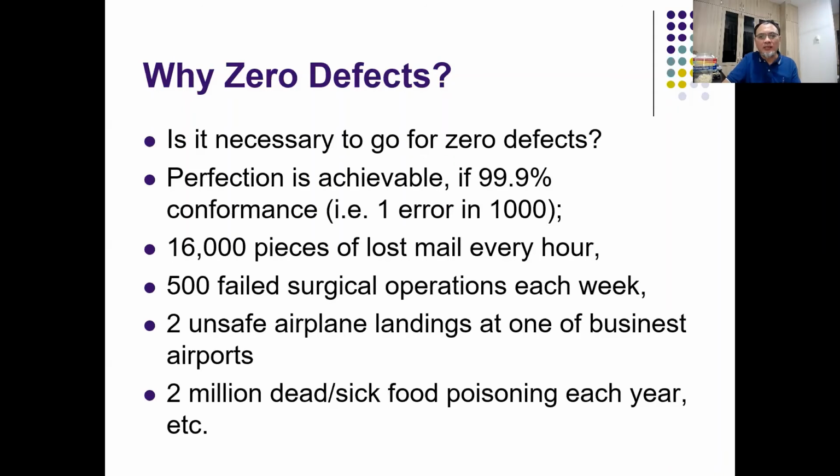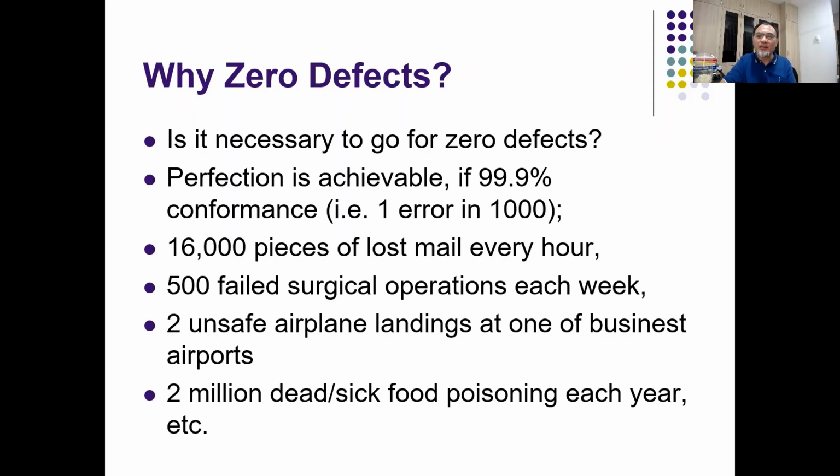So I don't want to have this system in which it is 99.9% conformance, which actually equals 60,000 pieces of lost mail every hour, 500 failed surgical operations, and I don't want to fly in an airplane or even airports which have two unsafe airplane landings.